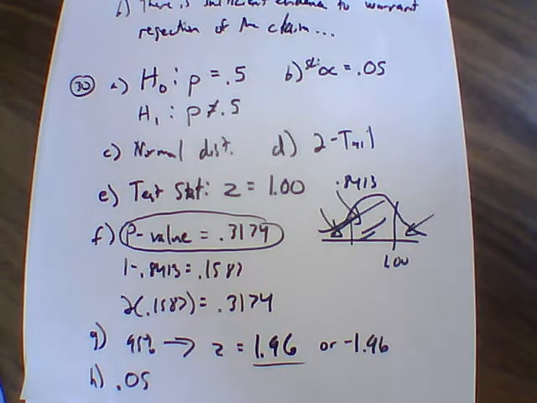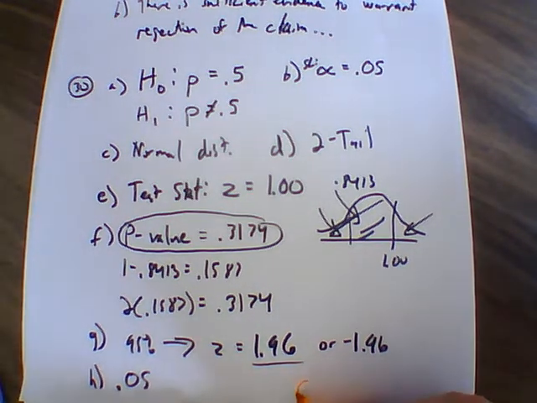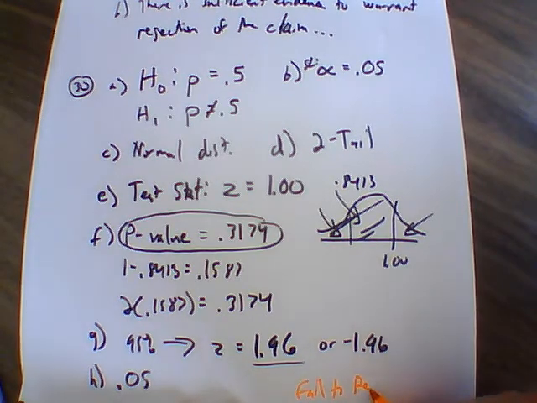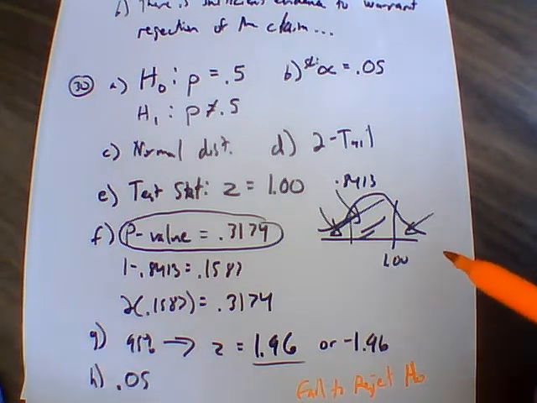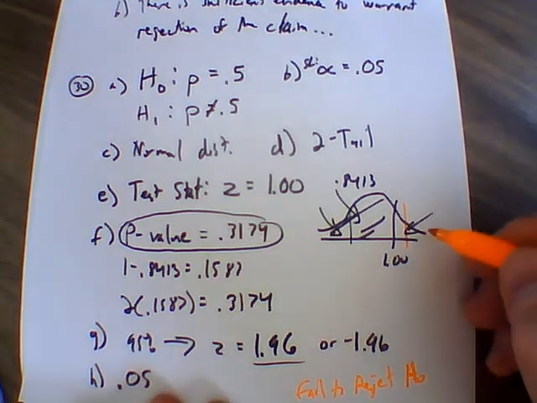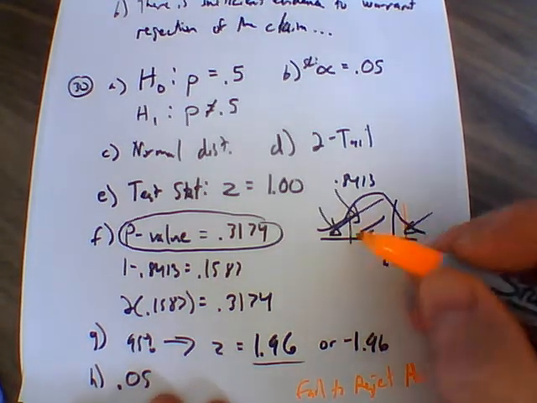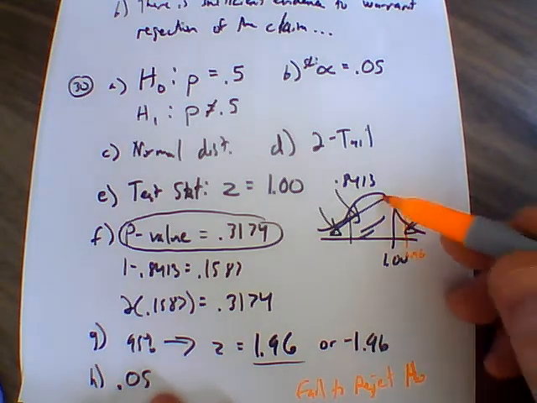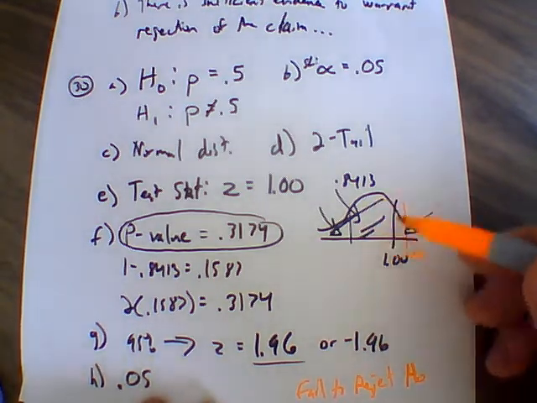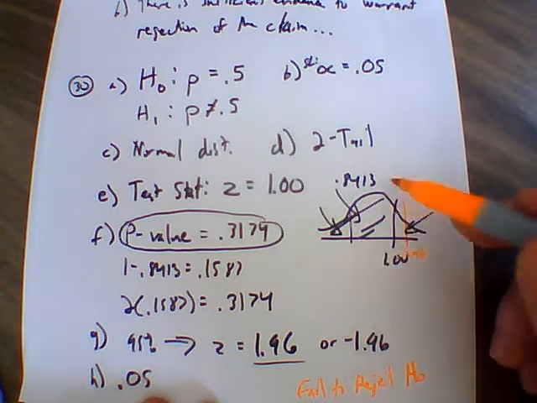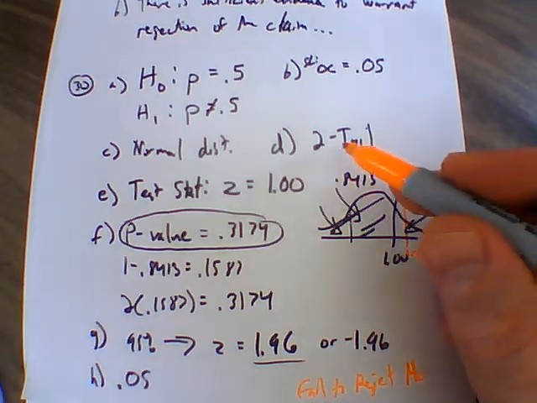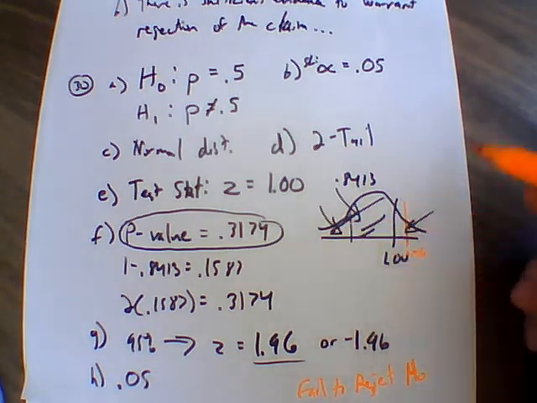Okay, so just kind of extending this, this would be a fail to reject the null hypothesis. Once again, because over here is at 1.96, and we're testing in here within that main brunt of that population. We're not on the outside where that two-tail would be over here and here.